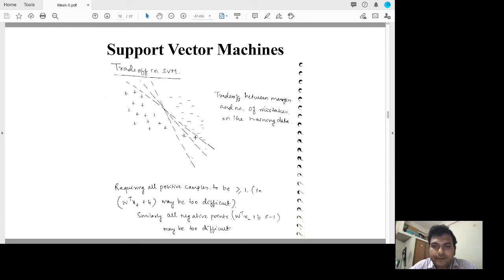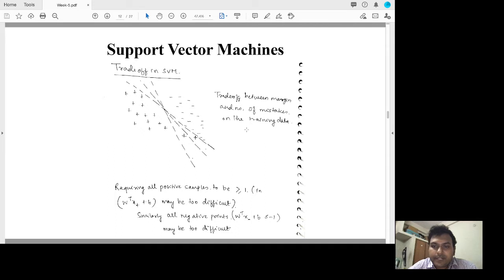So always there will be a trade-off between margin and the number of mistakes on the training data, because your training data in most cases won't be so good that a single margin would classify all of them correctly. That won't happen in most cases.